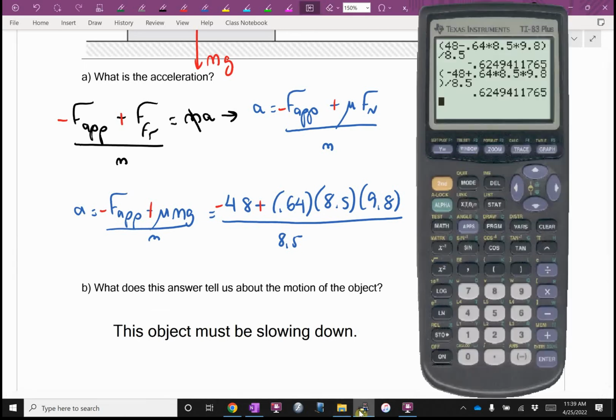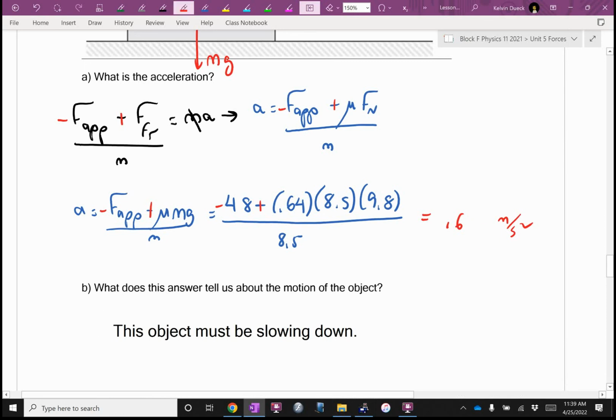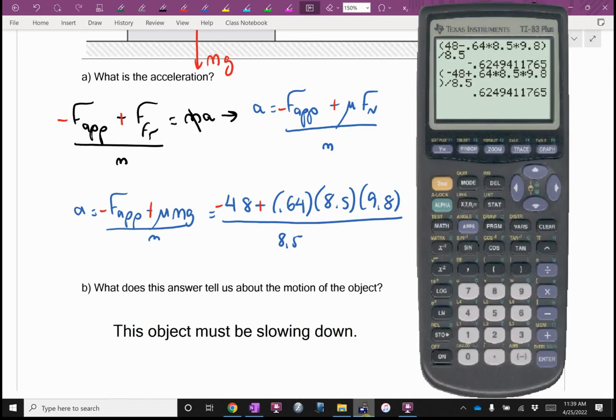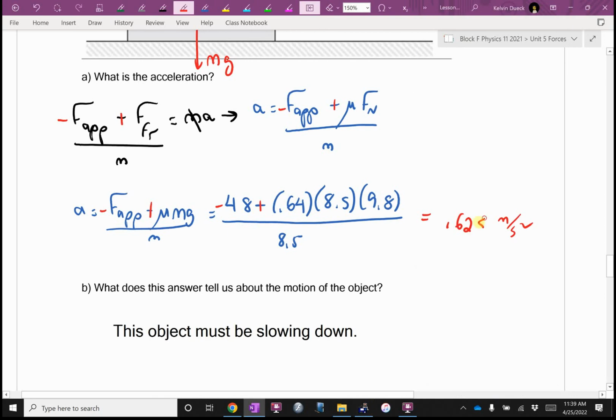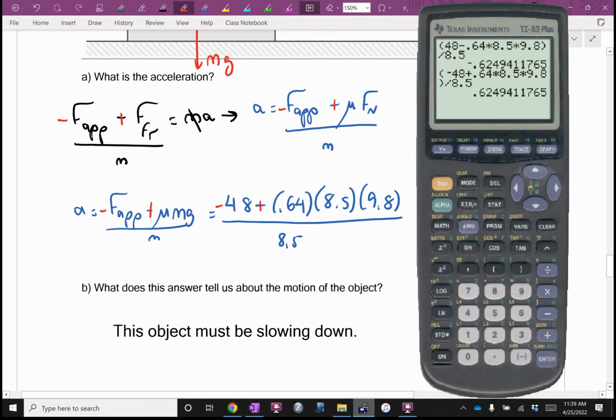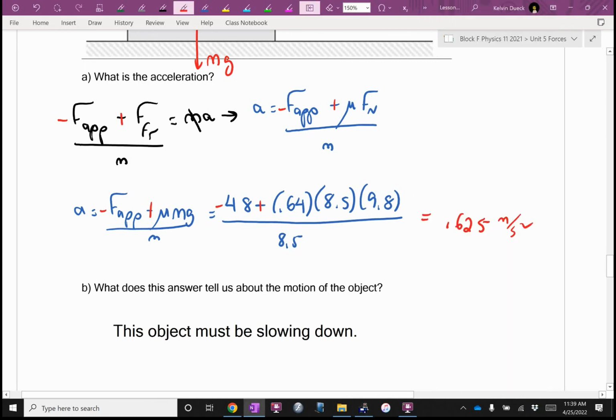Can I not even read my own writing? Why am I missing that 2 for some reason? 0.625. Is that better? Okay, sorry about that. So I got the right answer on my calculator. I just copied it down wrong. That's a little silly. Okay. This object is slowing down. If they ask for a direction, the acceleration is to the left. It must be.